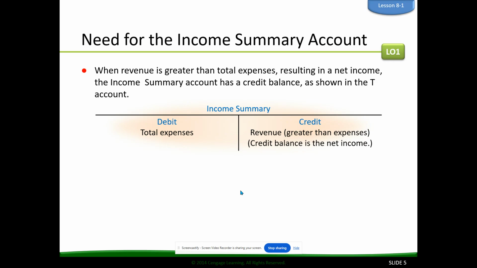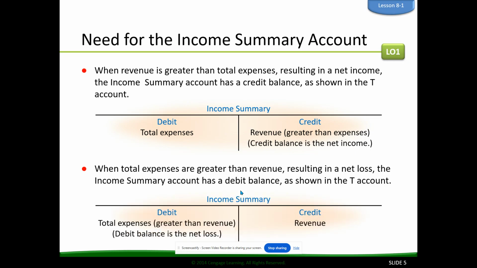So if it has a net income balance, it will have a credit balance. If it has a loss, then it will have a debit balance. So that is where this, like I said, this account is only open for about 5 seconds. We dump stuff in and then we dump stuff out.